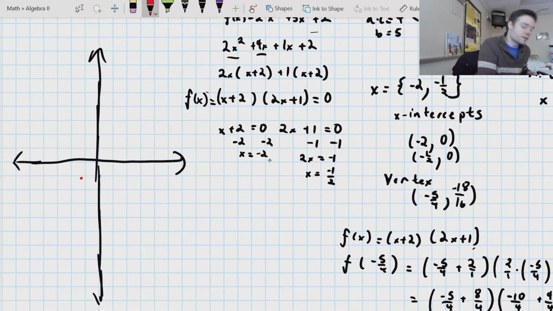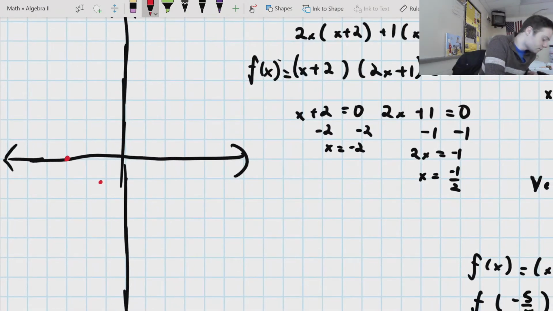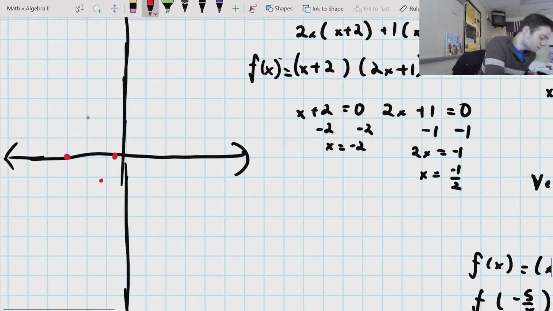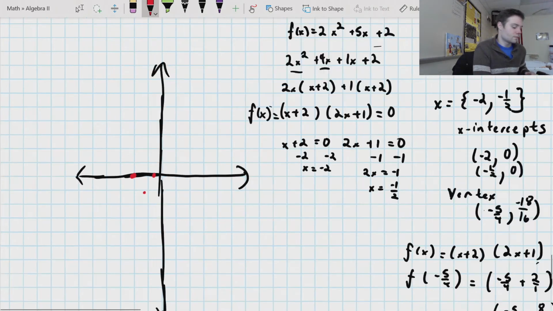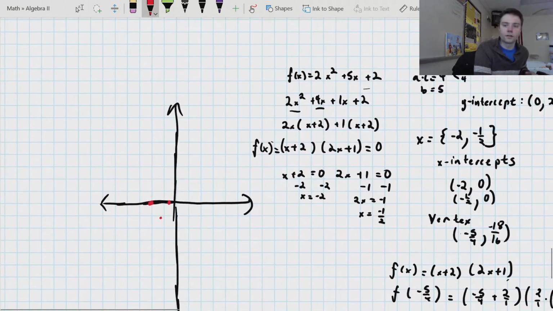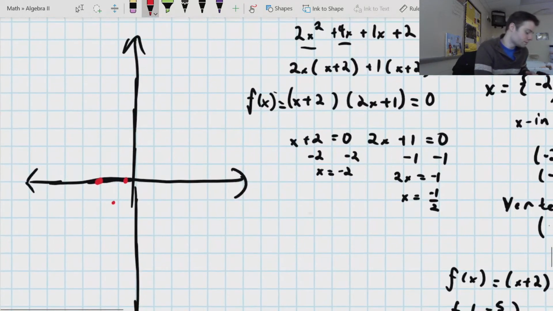And then my 2 zeros are negative 2 and negative 1/2. Negative 2 and negative 1/2. Yeah. And then from here, I'm going to use my y-intercept, which is 0, 2.